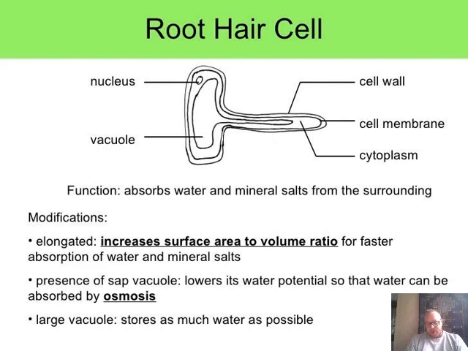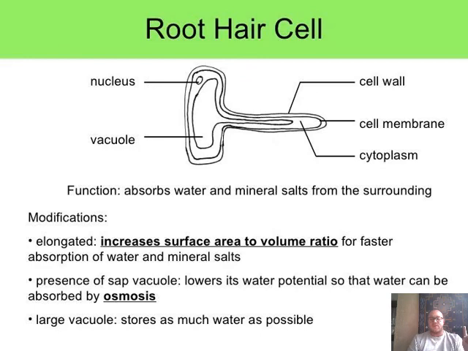Remember that the water is going to naturally move in if you have a lot of solutes inside of the root hair. So what you want to do is put all of your maybe sugars and stuff that's been transported and created by photosynthesis into the roots. When those substances are there, it's going to force the movement of water inside.